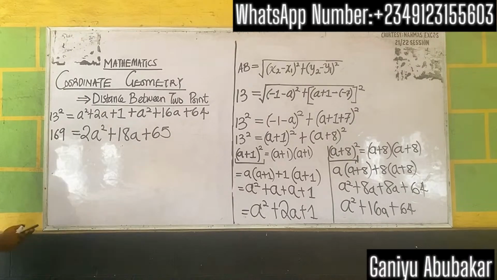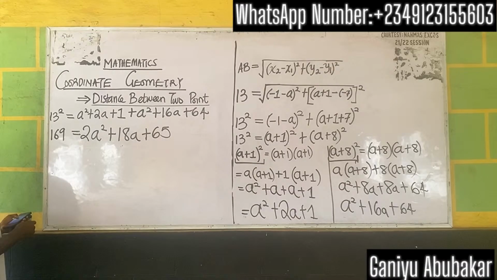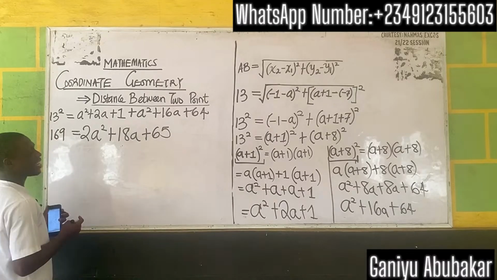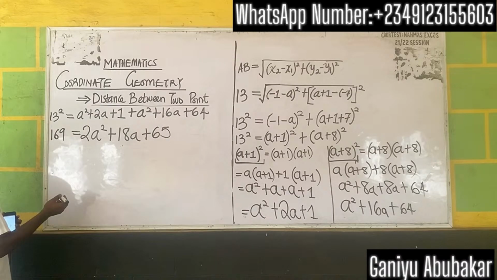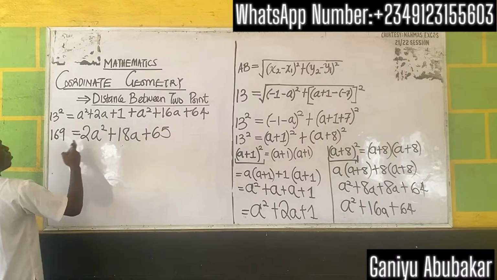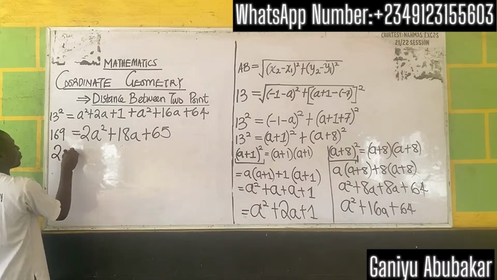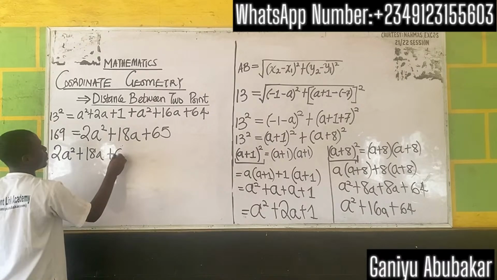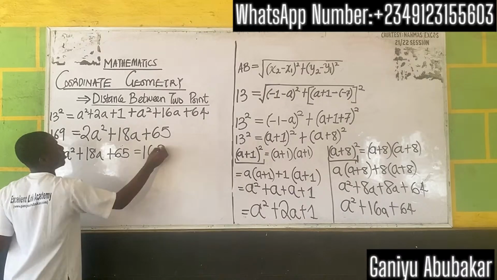From here, my next task is that this now is looking like a quadratic equation, right? So that is simple. If I want to write this, it can be written as 2a squared plus 18a plus 65 equals 169.